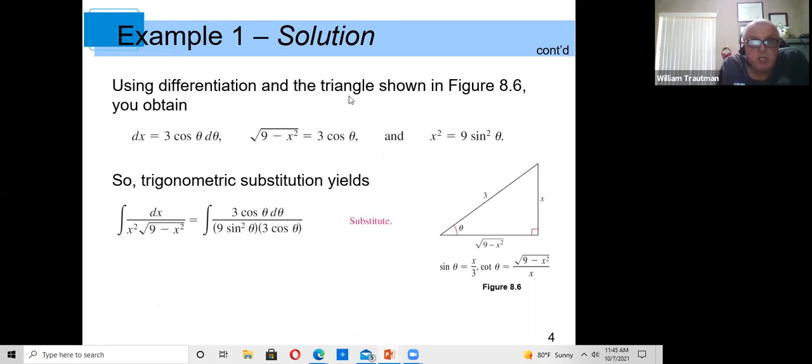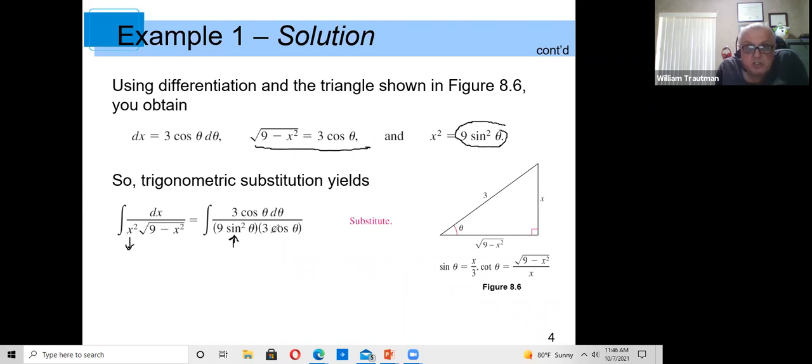So here's the original problem. The x squared changes to 9 sine squared theta. We're going to change everything in the original problem pretty much. The square root changes to 3 cosine theta, which we already said up here.